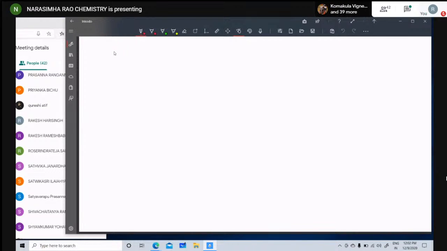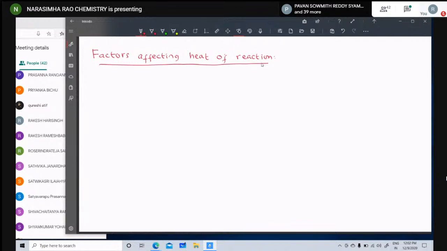Factors affecting heat of reaction. Right.